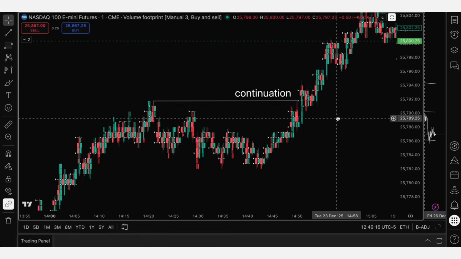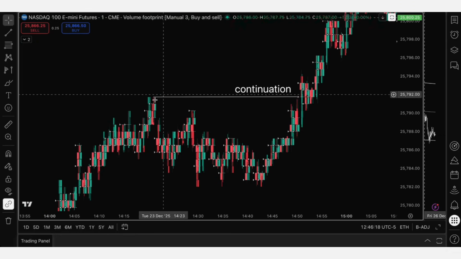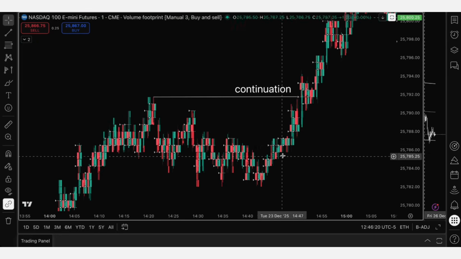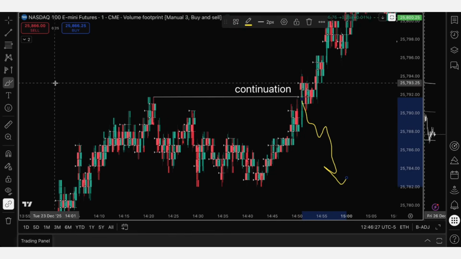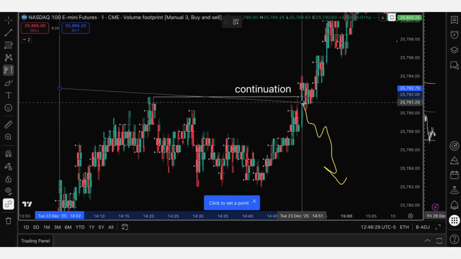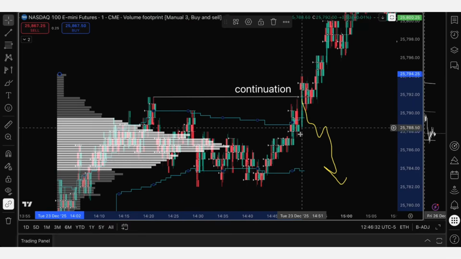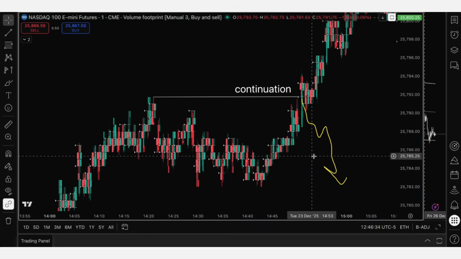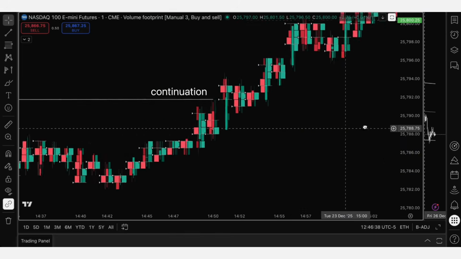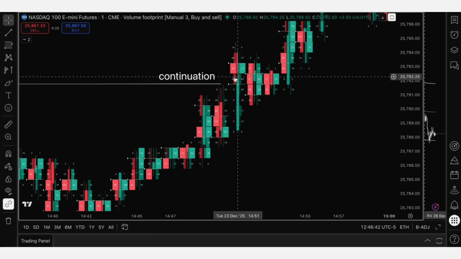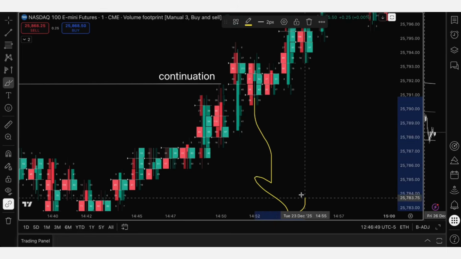Let's look at the continuation pattern. As you can see, there are relative highs, and price firstly took out these highs. What we can expect is turtle soup or the failed auction, moving to the lower prices. But as you can see here, there are no clearly absorbed buyers here, but there are sellers who got trapped here and couldn't move price even lower.